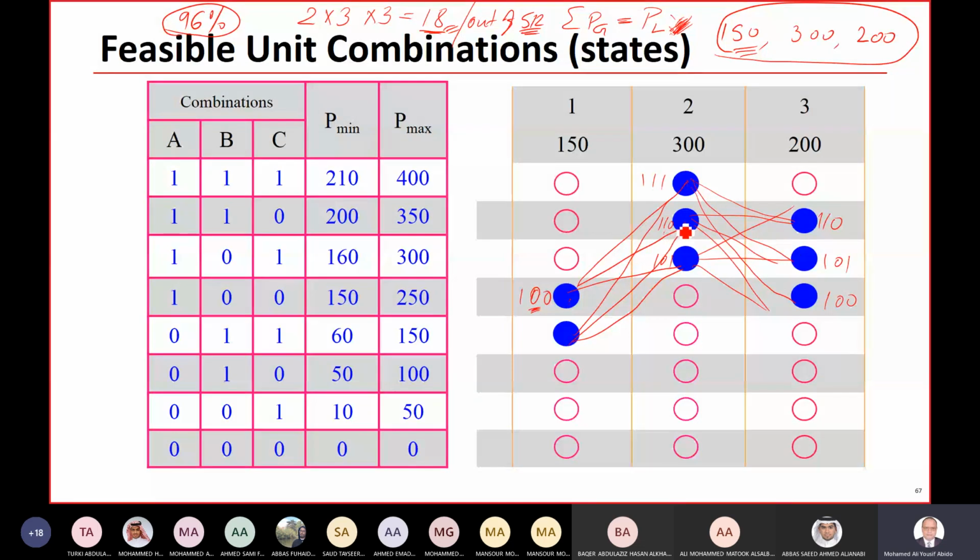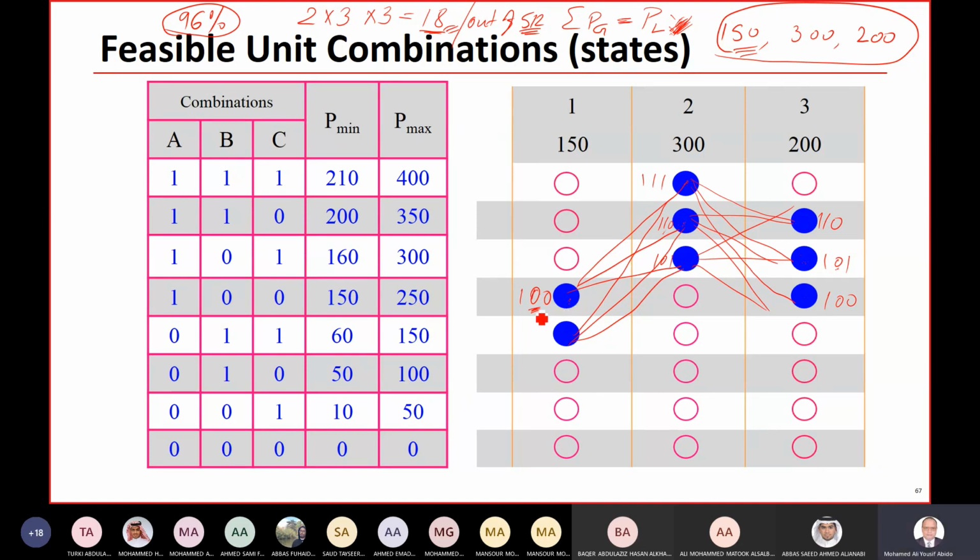Now, if you move to this one, what does it mean? This unit is switched off here, right? Yes. That means you run it only for 1 hour, which violates the constraints. And this combination is not feasible.